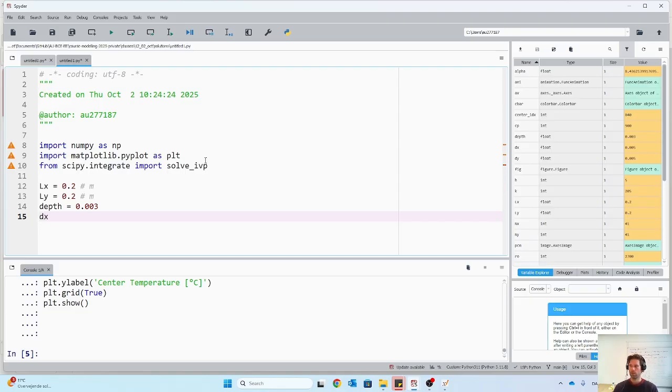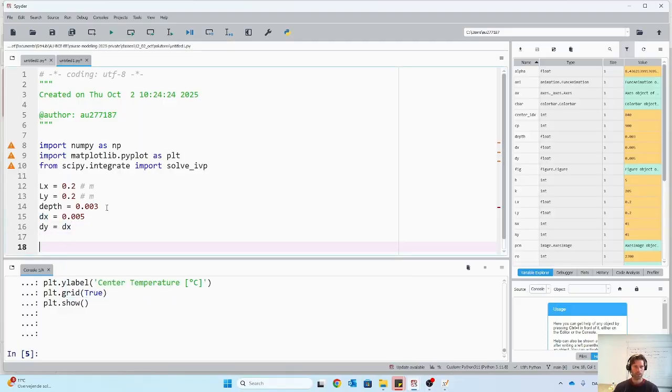Then we need to pick some step size in both dimensions. That could be, for instance, 0.005, and the same for dy. Let's just say it's the same as dx here.